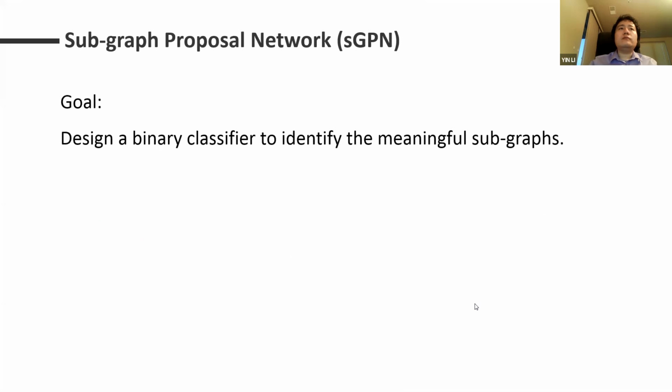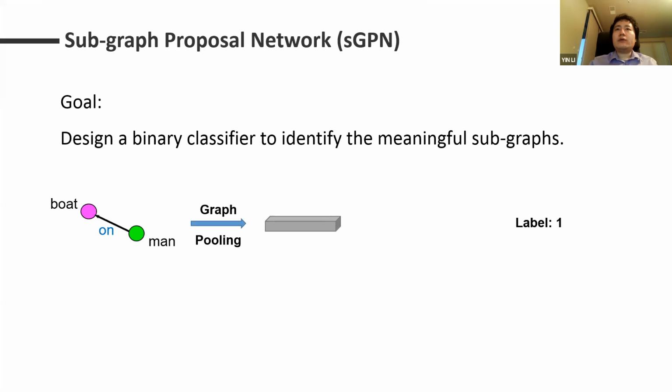So again, we have this 0 and 1 matching score. Now we're just going to design a binary classifier to classify the subgraphs. So we design a graph neural network that takes these subgraph features as input. Here we have the visual features and text features on each of the nodes. We also have these edge features.